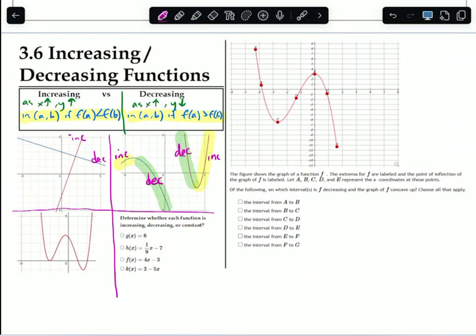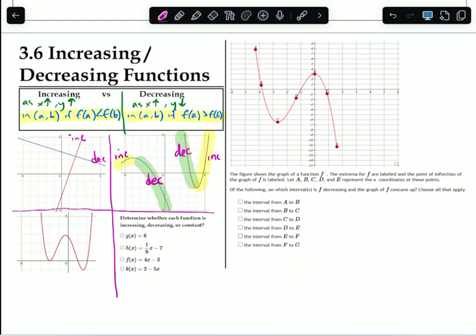So here the interval highlighted green is the decreasing part of that graph. Where they change directions, it's instantaneous, it's not increasing or decreasing. It's in that sort of limbo state of changing.